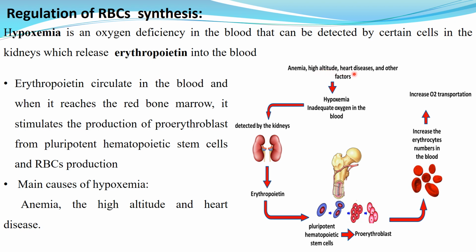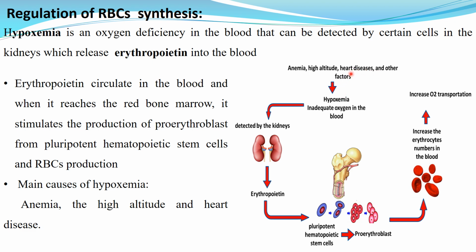Heart diseases, again, because of a defect in the pumping of blood to the respiratory system, this might lead to what? Lead to a reduction in the level of oxygen in the body. And we have other factors, such as respiratory defects, fibrosis, or other factors of the respiratory system, that might lead to a reduction in the level of oxygen in the circulatory system.